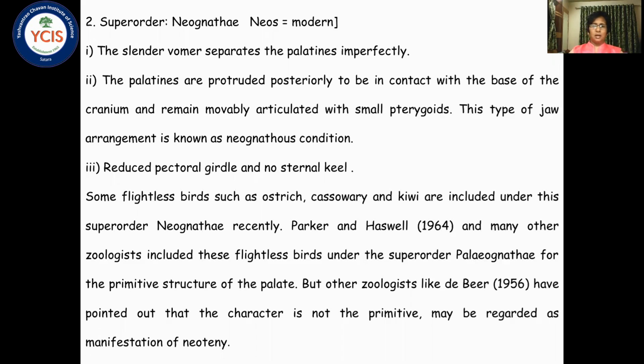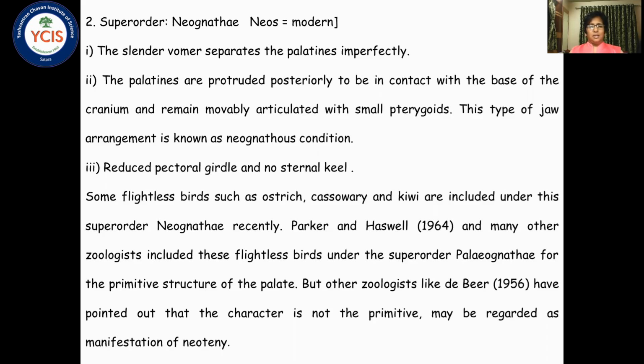So modern birds are included in this superorder, and the characteristics of the birds included in this superorder are, first, a slender vomer that separates the palatines. The vomer is a facial bone, and because of the vomer, the palatines, which are jaw bones, become separate from each other.